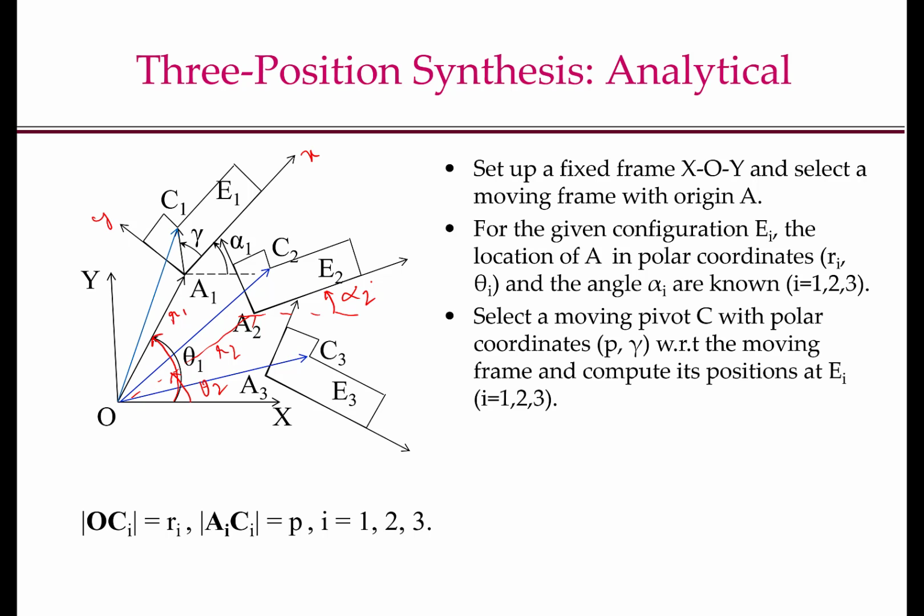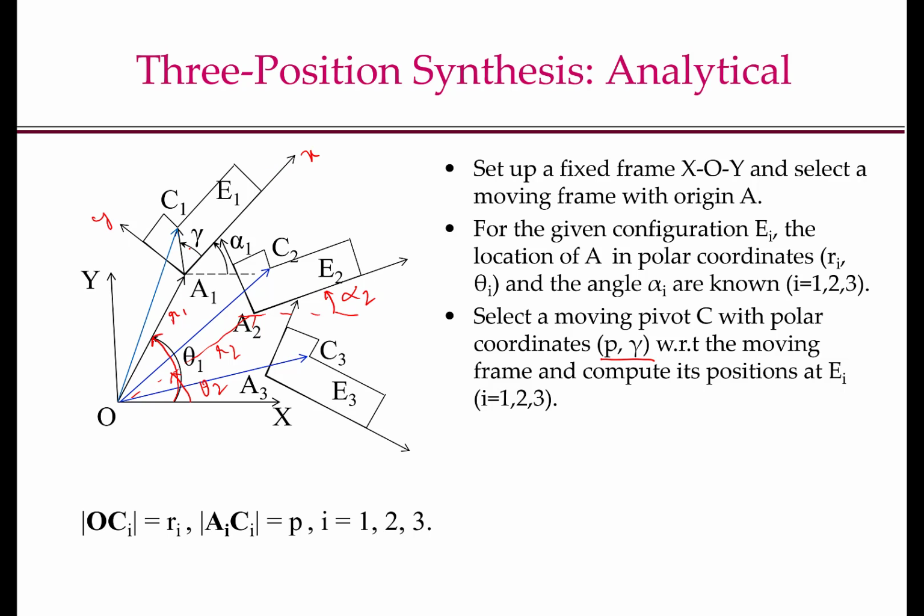When you select or choose the moving pivot C, it means that we choose the polar coordinates of the point C, which is P and gamma here. P is the length of A1C1 and gamma is the angle that the vector A1C1 makes with the x-axis of the LRCS.